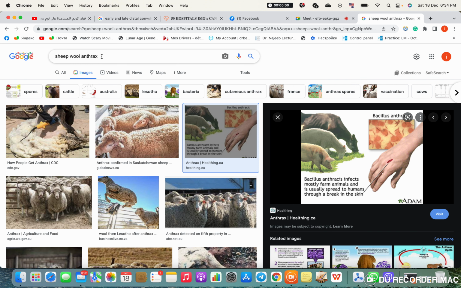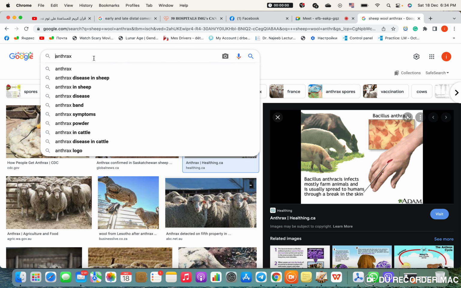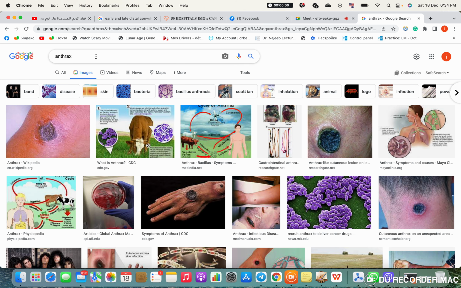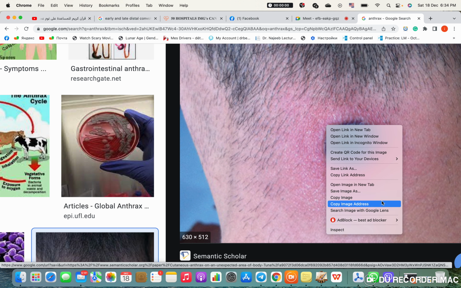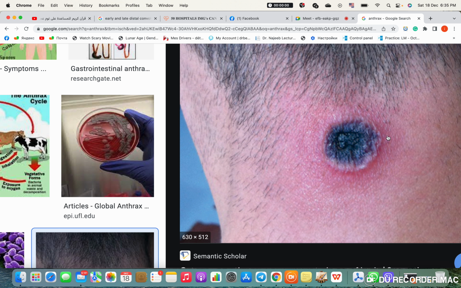So, in case of anthrax, please know that it can lead to edema. The question comes, where is the edema exactly in this lesion? This is cutaneous anthrax. Where is the edema? Is it in the central or in the peripheral? Yep, the red area, which is around it. So it's peripheral.